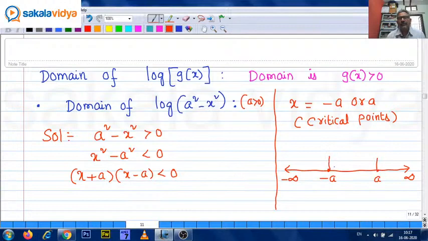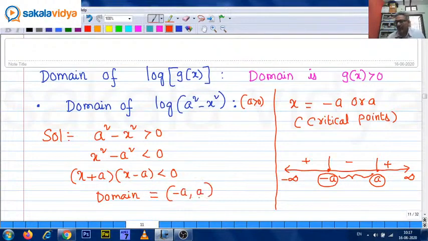So now this is plus sign, minus sign, plus sign. Less than 0 means here to here, and these two are not included. So I am writing directly domain equals open minus a comma a. This is log of a square minus x square. Understood now? I will give some examples. You give me your responses now.